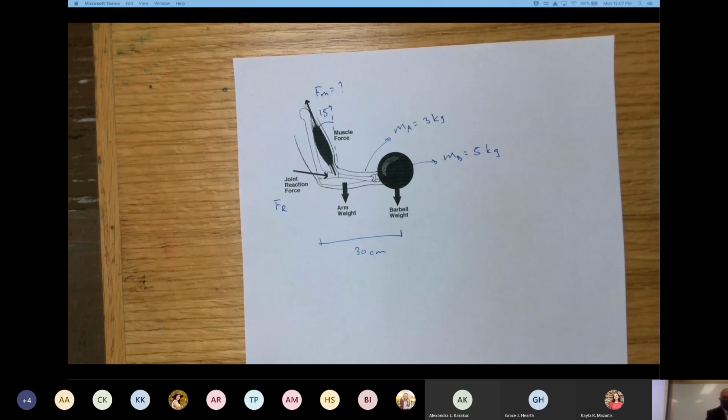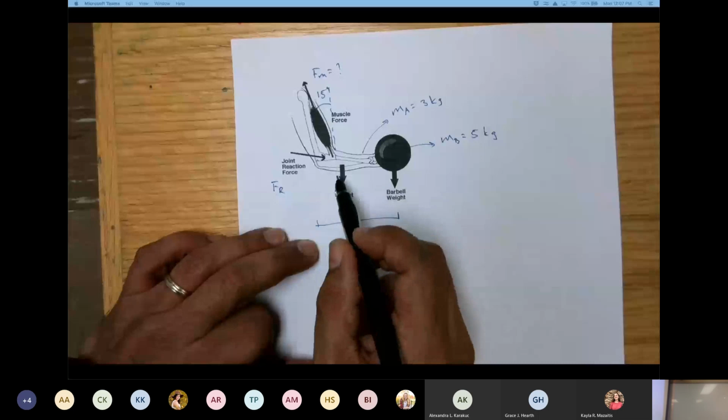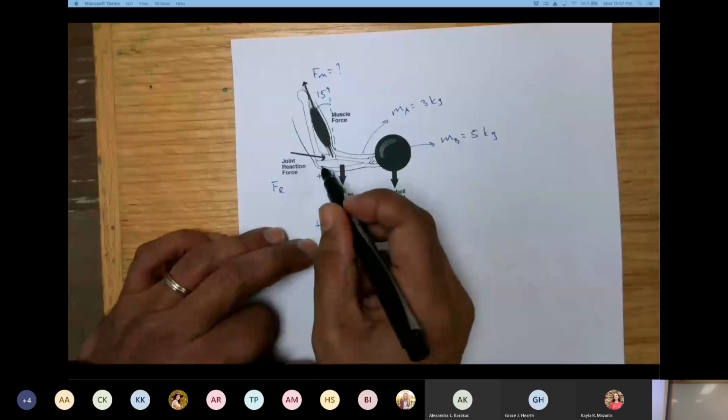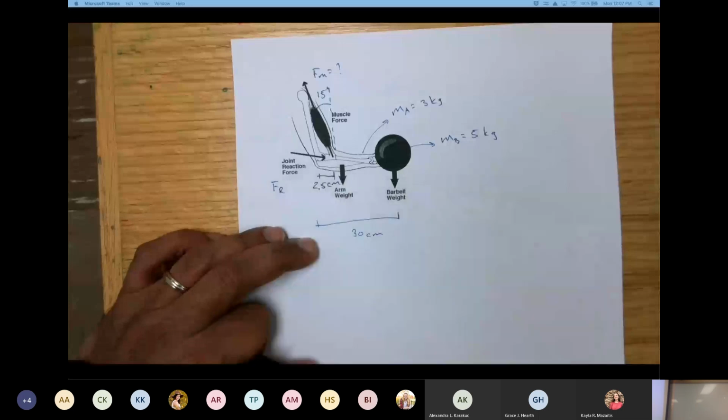Oh, there's one more piece of information. The insertion point of the bicep is going to be 2.5 centimeters from the joint. So this is going to be 2.5 centimeters.